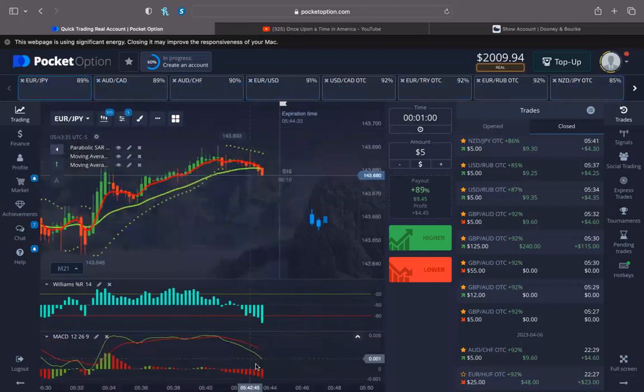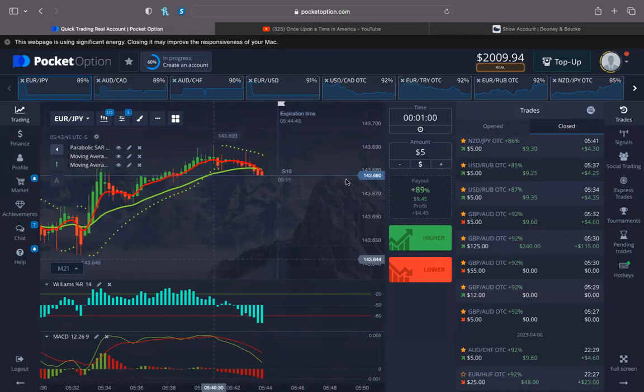All right, we have a cross here, and it looks like we're going to get a drop. Looks like it's stuck. It's not dropping. If it drops, I'm going to enter. There it is.